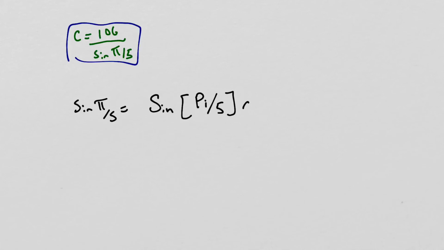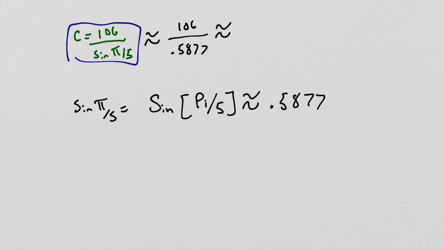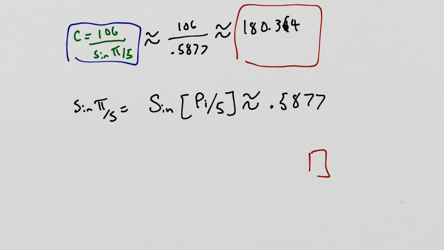And what we'll get out is that this is approximately 0.5877. So this is then going to be equal to about 106 divided by 0.5877, which once we plug this into a calculator, we should get that this is about 180.364. And this is going to be a numerical approximation of what C is.